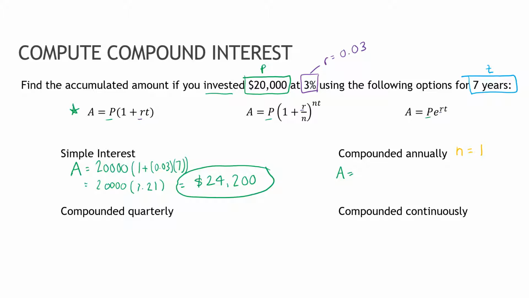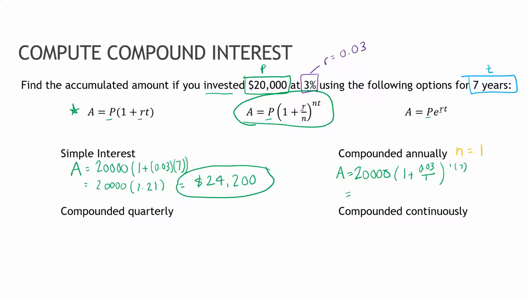And this is this equation, because whenever it's not compounded continuously, this is my compounded interest equation. So A equals 20,000, and then 1 plus my rate, which is 0.03, over n, which is 1 time per year, and my exponent is 1 times t, which is 7.